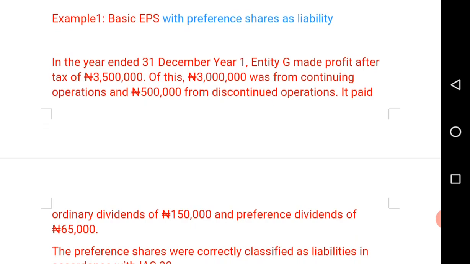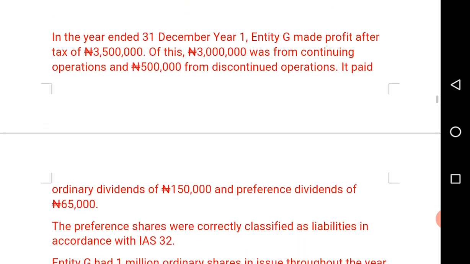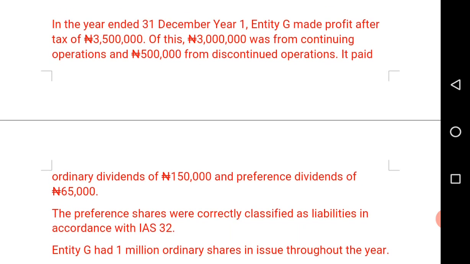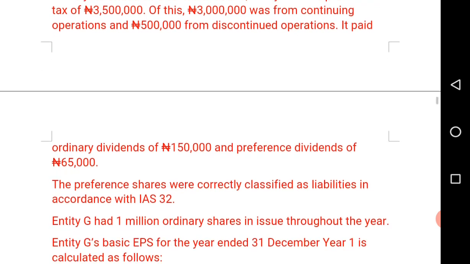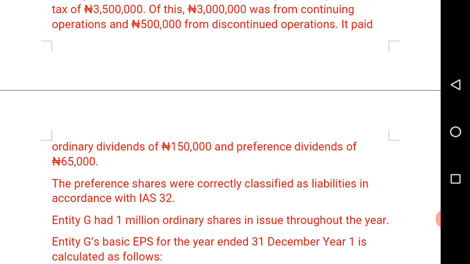Now note that we are only caring about continued operations, not discontinued operations, in calculating EPS. It says it paid an ordinary dividend of 150,000 naira and a preference dividend of 65,000 naira.